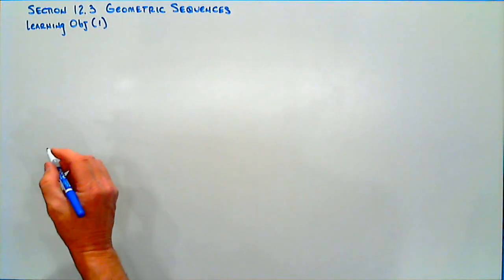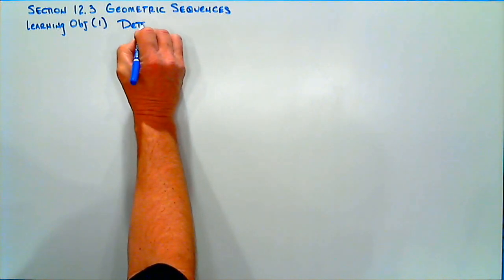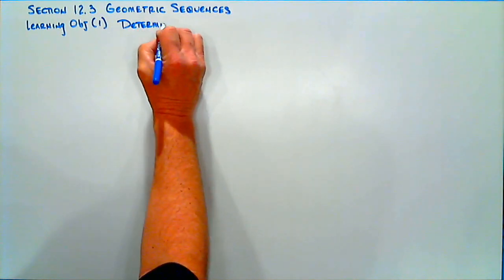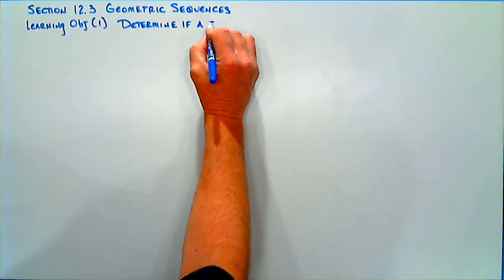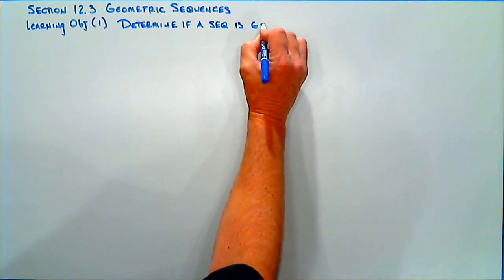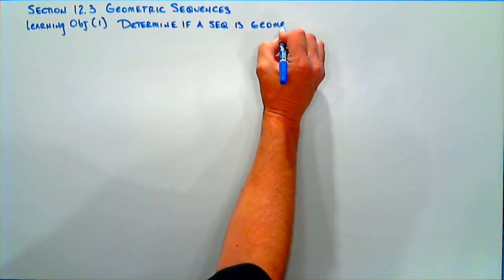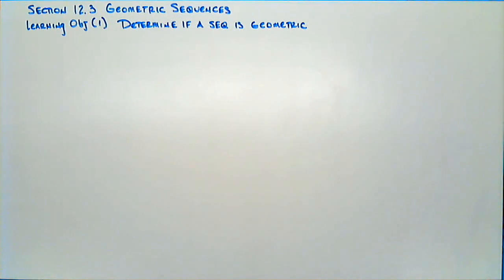And our first learning objective says we want to determine if a sequence is geometric. Now, in the previous section, we had to learn how to determine if a sequence was arithmetic.